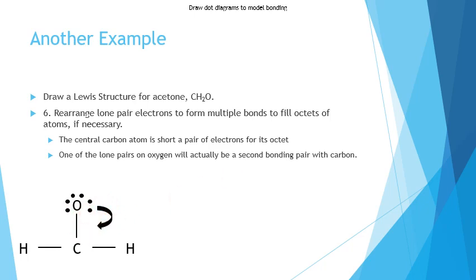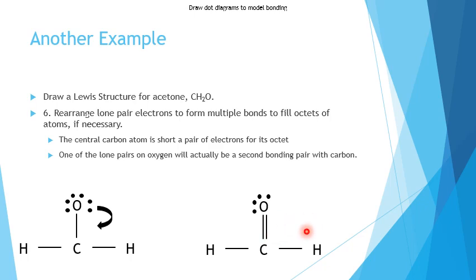What you will do is you will simply erase that lone pair. So even though you have 3 lone pairs there, just erase one of them. It really doesn't matter which one. Just erase one of the pairs and then draw in a second shared pair by putting in a second line here that you see. So we have 2 lines here between carbon and oxygen indicating we are sharing 2 pairs of electrons. In other words, we call this a double bond.